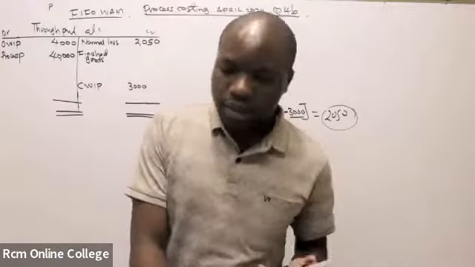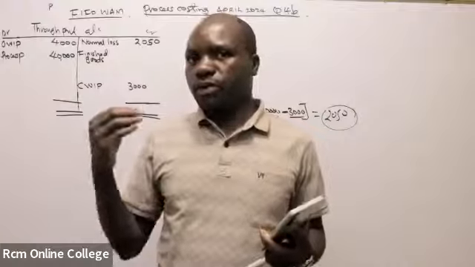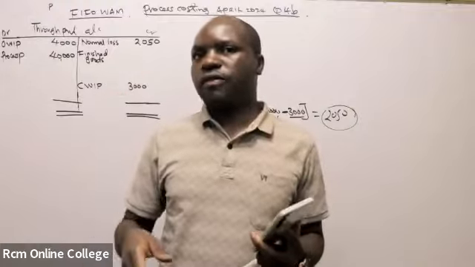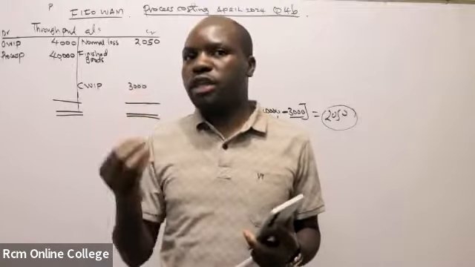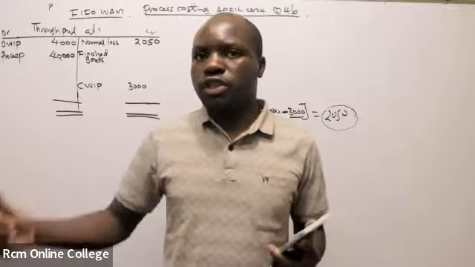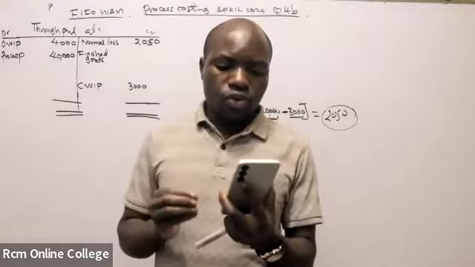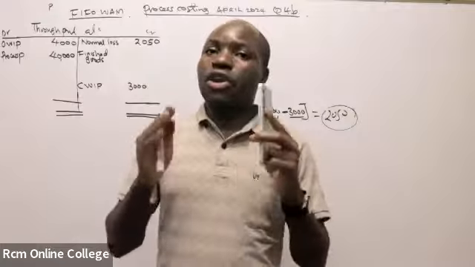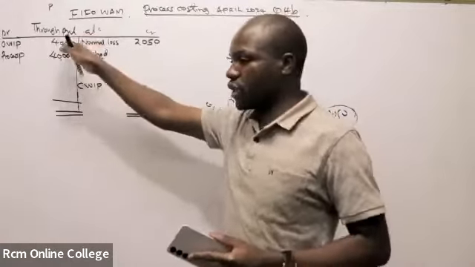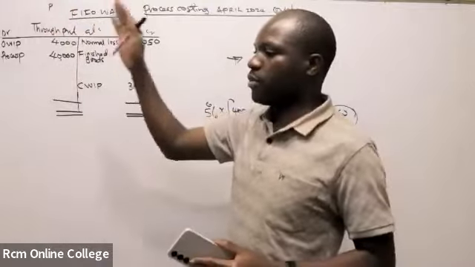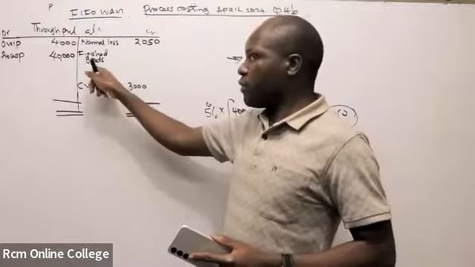Closing work in progress is raw material being converted to the finished product, but it got to the last hour of that particular day and you did not complete the production, so you had to take it to the other day. But finished goods are those quantities that are now ready for use. In this case we're talking about the last process. We had process P and process Q. Once you're done with process Q, you will talk about finished goods.